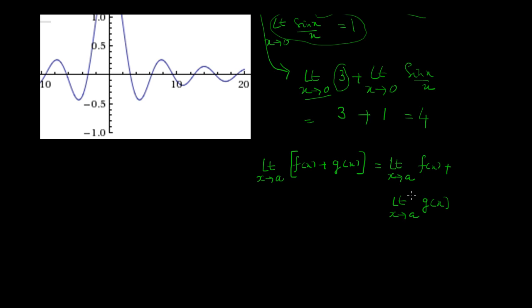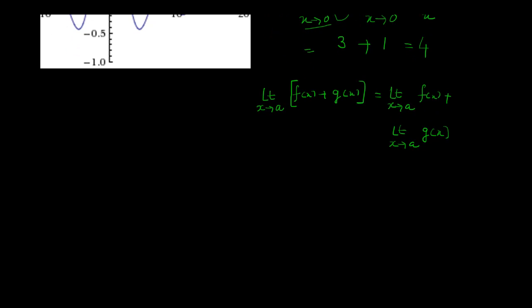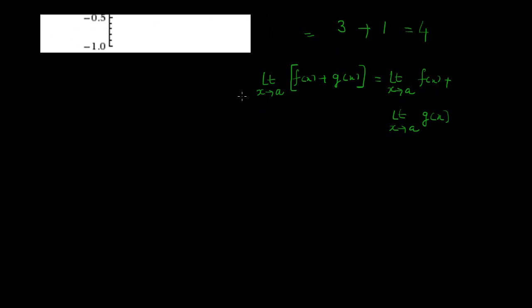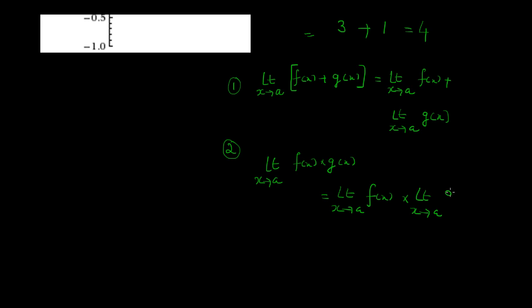Okay, in similar lines we can write one more property. Now this is property number 1. We can write property number 2 as limit x tends to a, f of x into g of x equal to limit x tends to a, f of x into limit x tends to a, g of x.